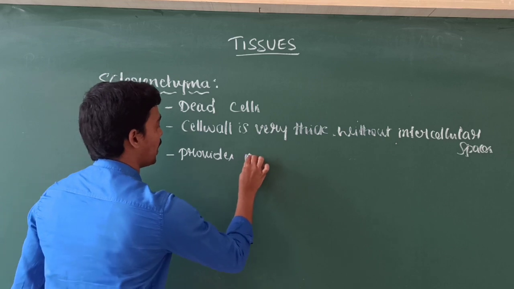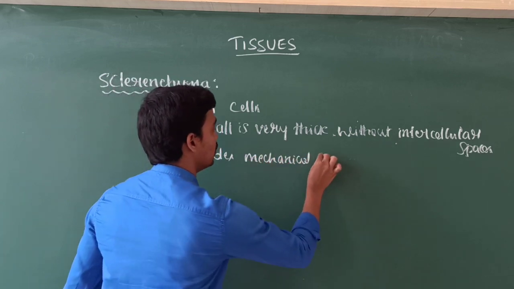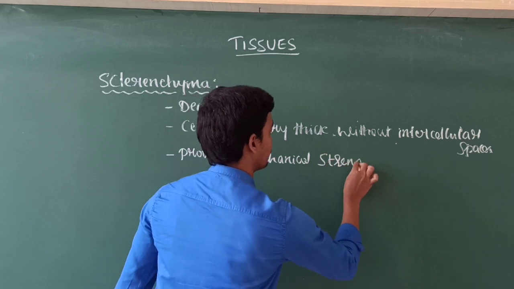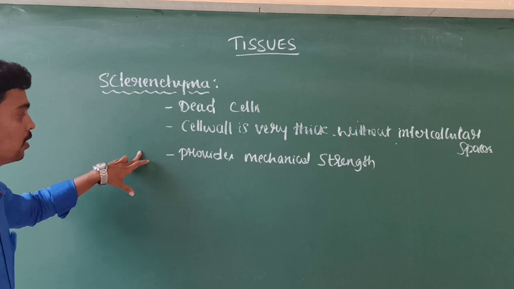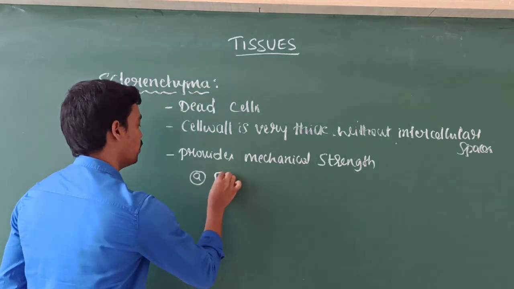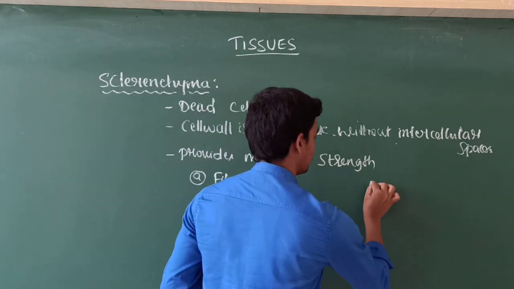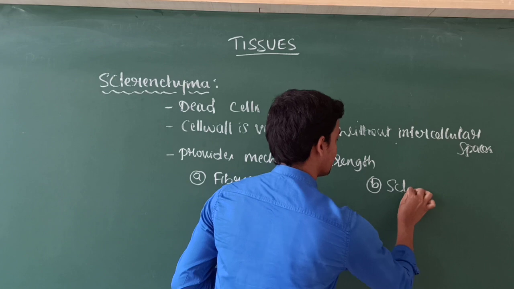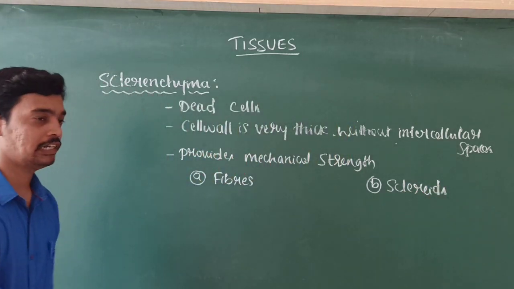provides mechanical strength to the plant body. And here sclerenchyma is again differentiated into two types: fibers and sclereids.